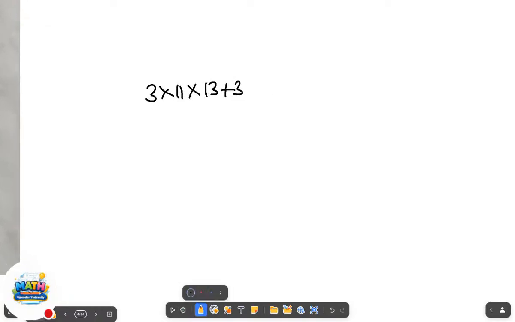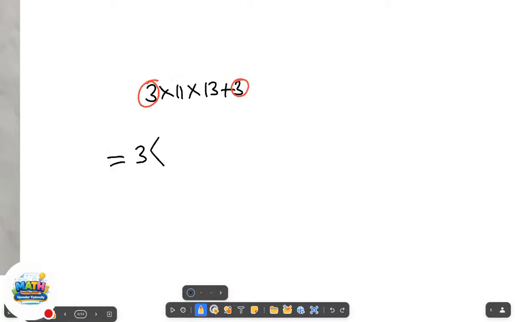So 3 into 11 into 13 is one term and plus 3 is another term. So both are different terms. In both terms, what is common? 3 is common, so you can take 3 common. If you take 3 common, we will have 11 into 13 plus, from the second term, only 1.